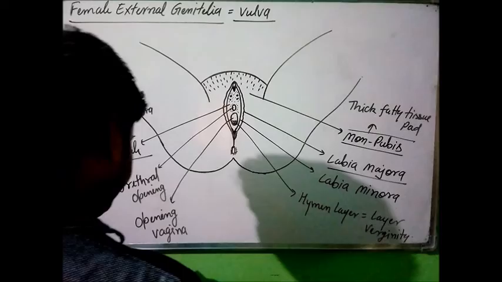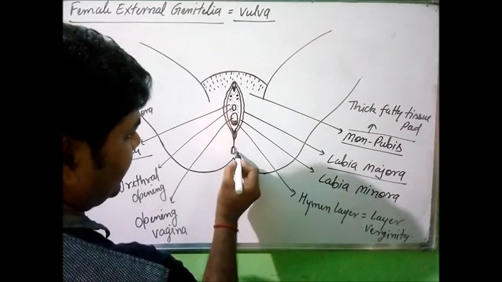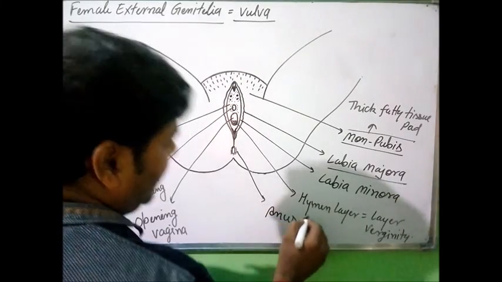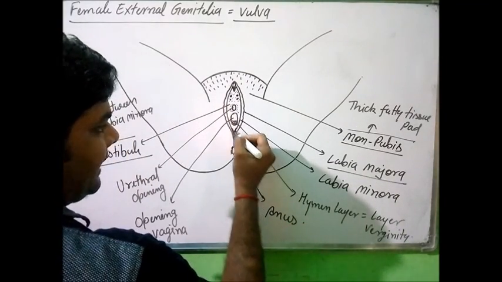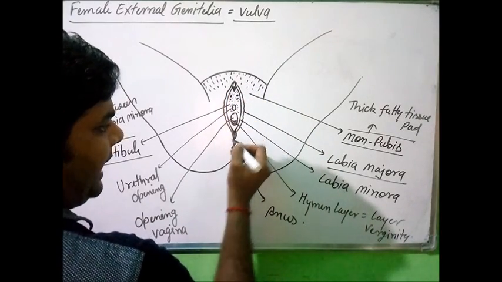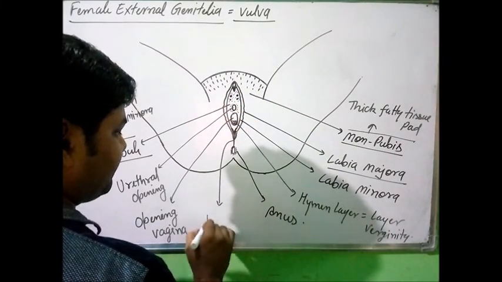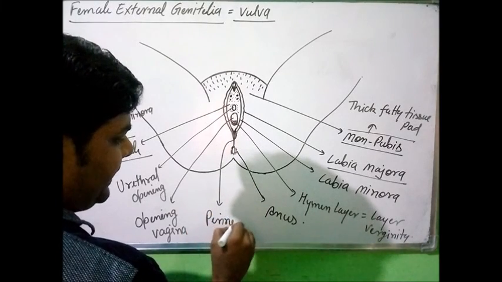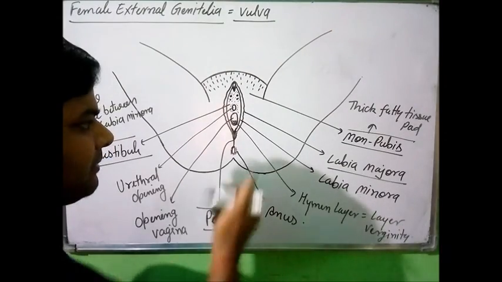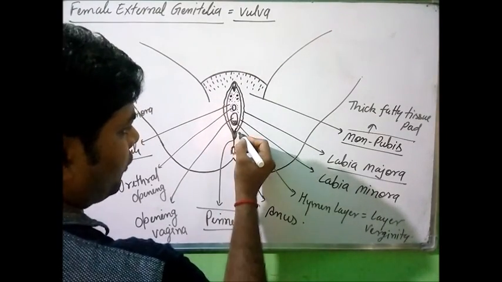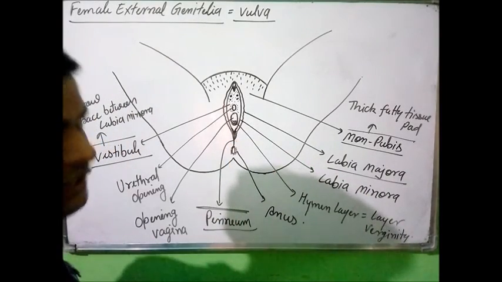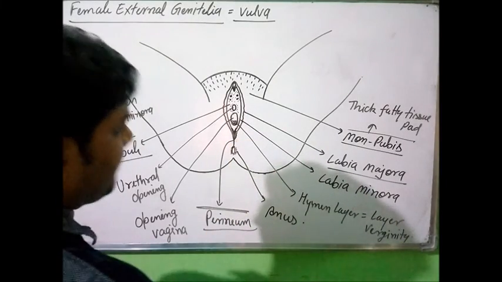Okay, now just below this whole structure there is the opening of rectum, which is called anus, and anus is connected with female external genitalia by the help of a thin muscle band, which is called perineum. Perineum is somewhat diamond shaped, means if you observe closely, it is having a little bit triangular marking. So that is why it is called a diamond shaped structure or muscle, which is called perineum.